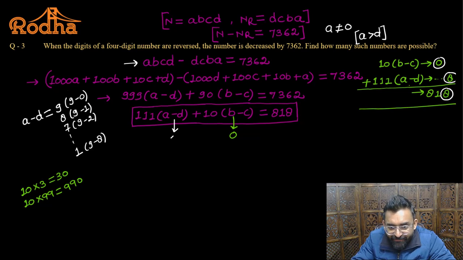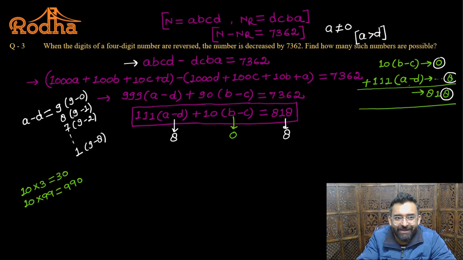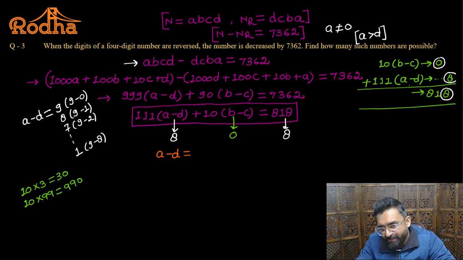Because if it is ending with 8, it is ending with 0. Eventually, the right hand side will be equal to something which is going to end with 8. So the lone possibility here is that A minus D is going to be 8. I hope it is okay. Because 111 into something should end with 8, and if it is going to end with 8, A minus D should be equal to 8. I hope it is okay.